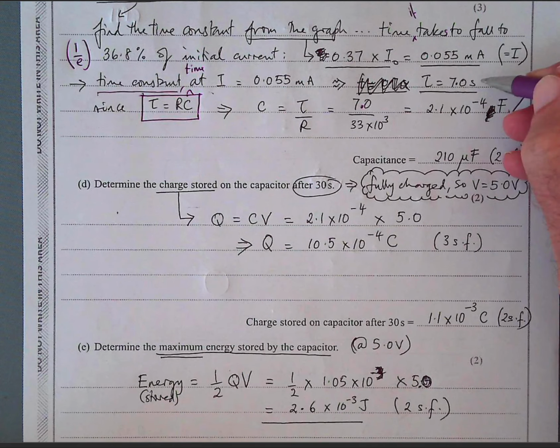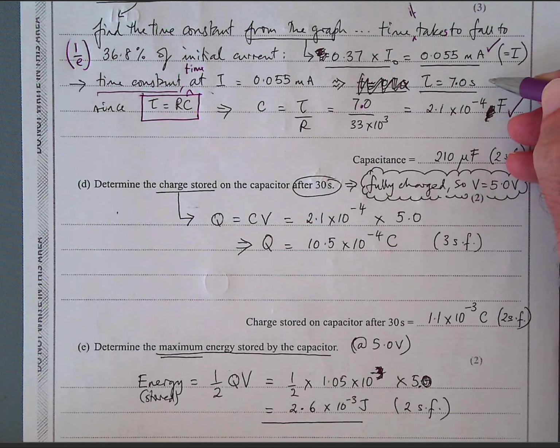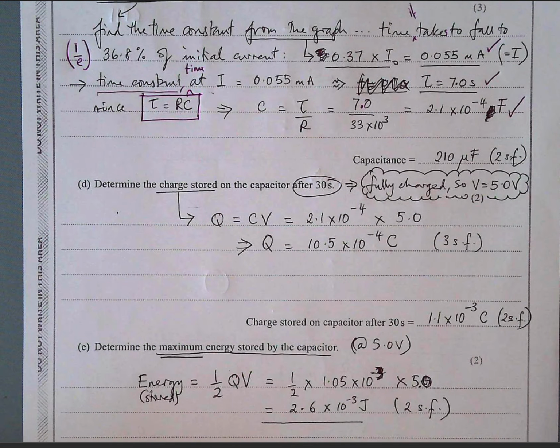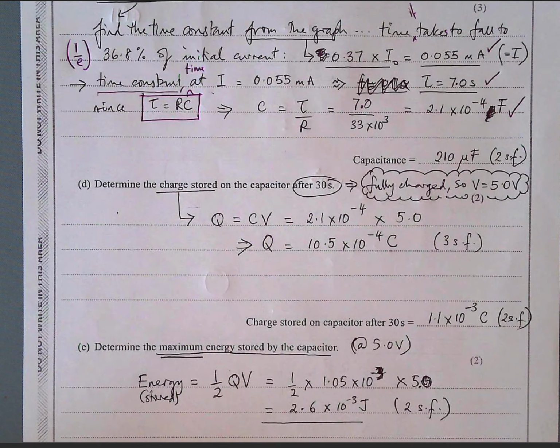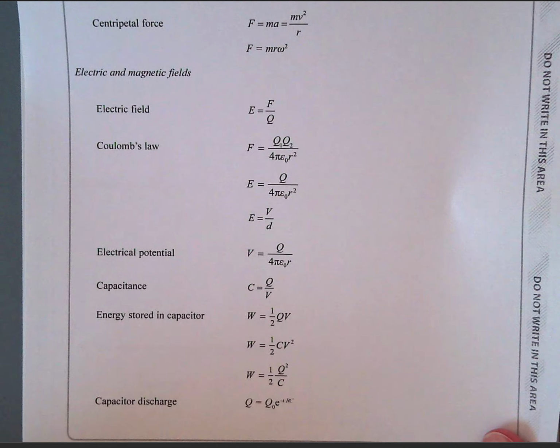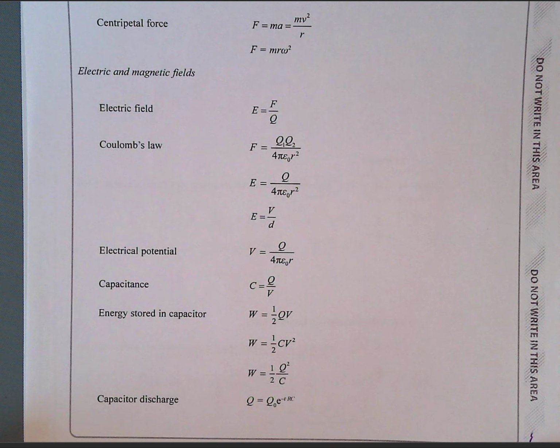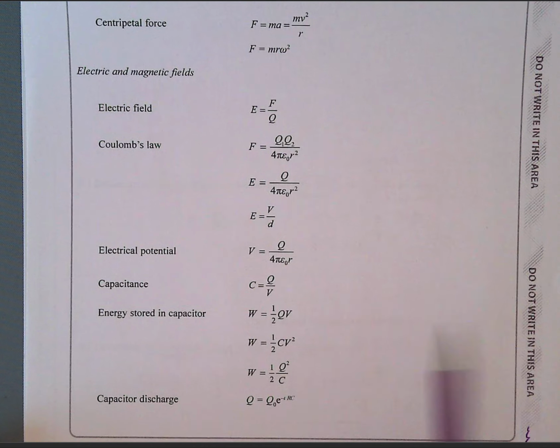So that's how you get 3 marks, 1 for working out what's 37%, 1 for working out the time and putting it into the time constant equation. Now all these equations are given to you on the capacitance part of the data at the back of the paper.